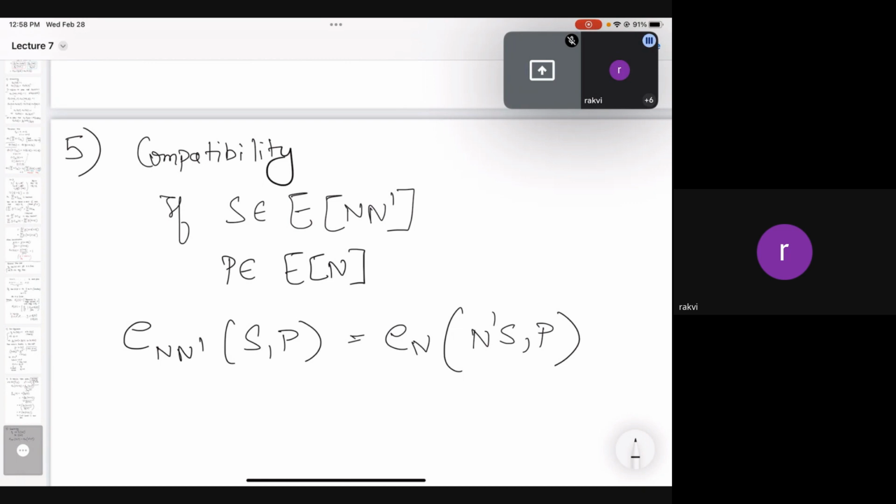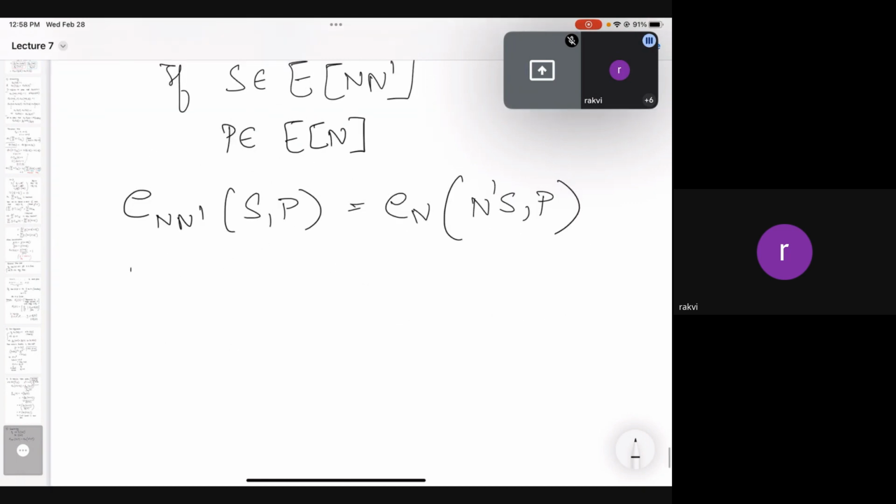And why is this? All I have to do is look at the divisor of f to the power n', and this is simply n' Q minus n' of O. So again, points versus coefficients.